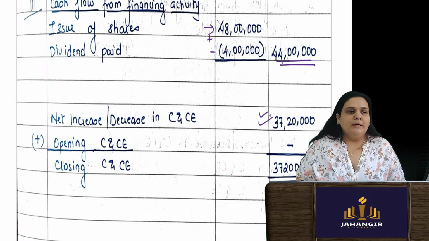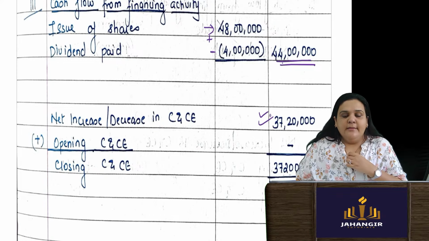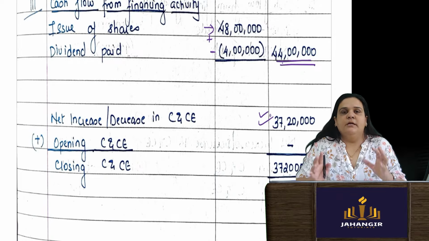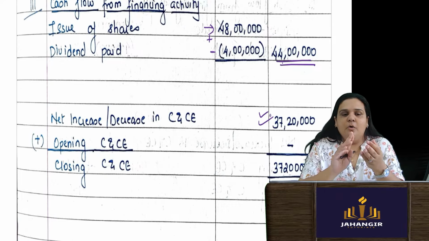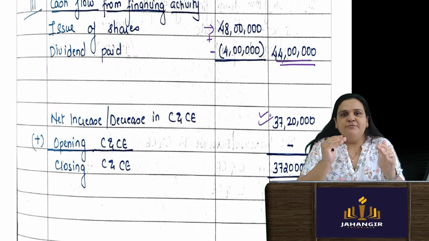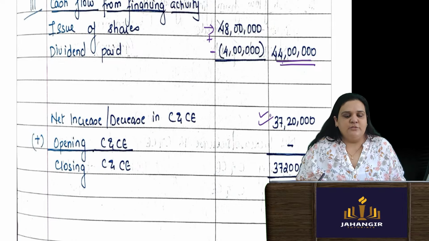Right? Got it? Okay. So direct method, understand one thing, that in direct method all the 3 activities bifurcate. Whatever is happening in cash we are going to take into consideration. So this was for you all just a simple sum to understand how a cash flow statement looks like.